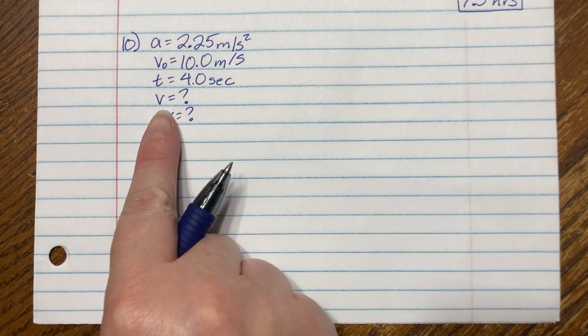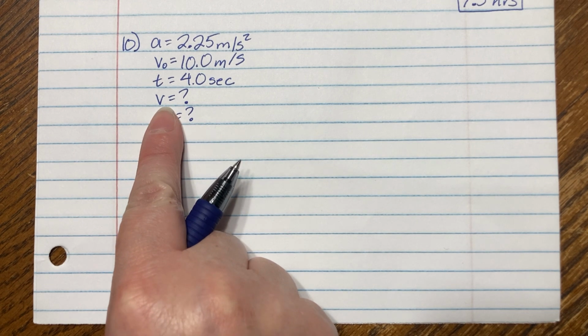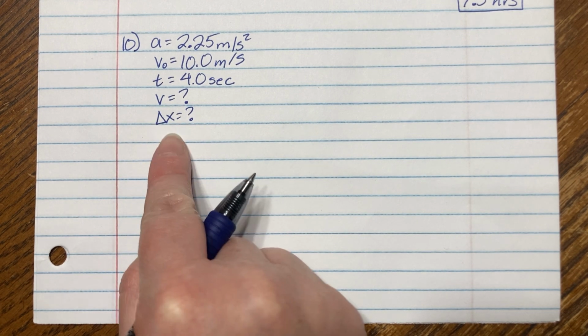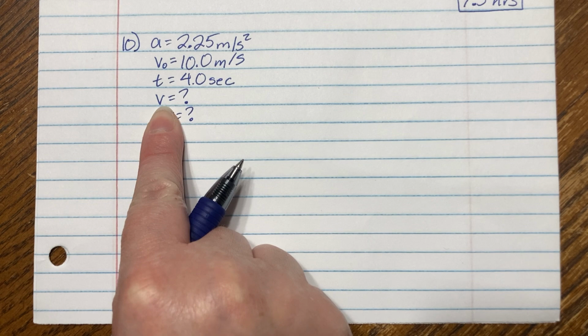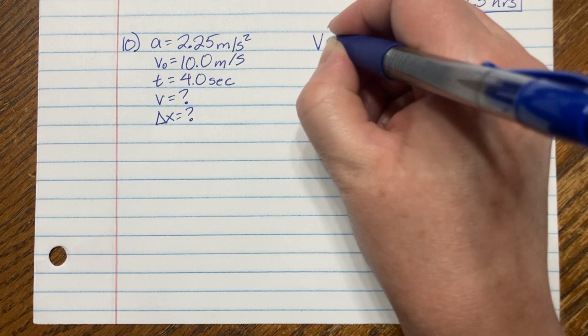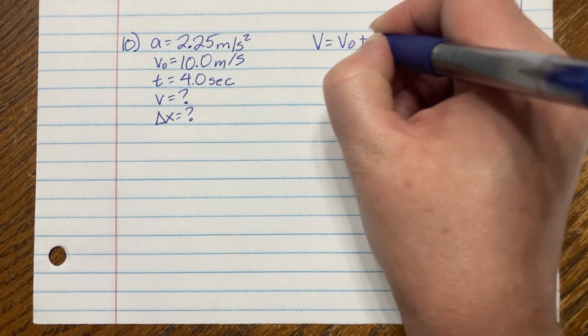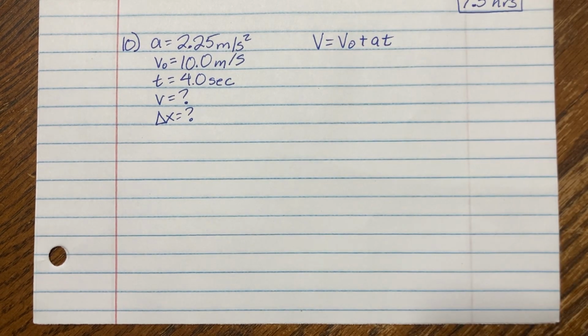Let's find a velocity first, because that's what we asked for. So if I look at those letters, I need an equation that has those things in it but does not have a distance. So we're going to go with this one. Conveniently, it is also already solved for v, which is what we want.